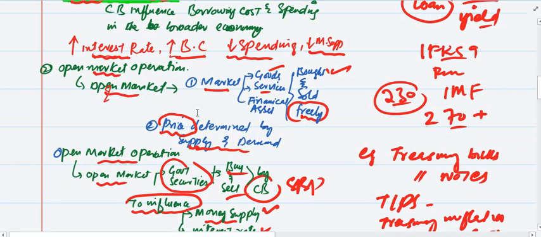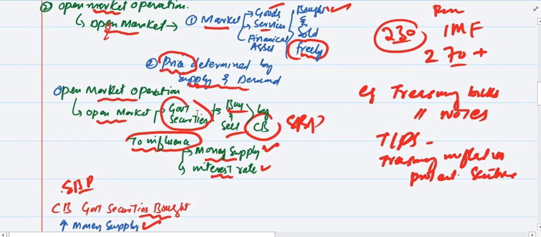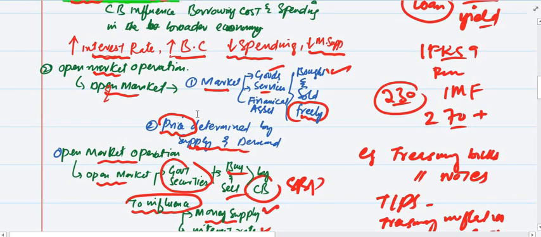Clear? Let me give you an example. Before, the dollar was at just 230, but in the open market the dollar was selling and buying at 270, something like that.